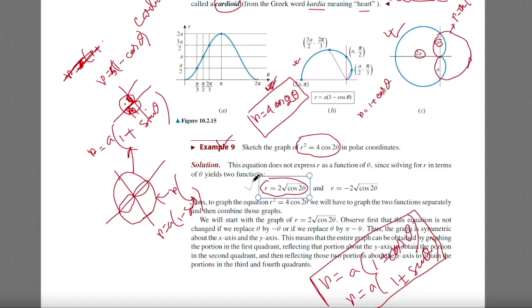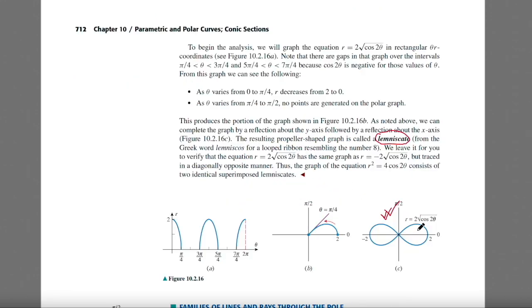So just draw this one, r equal to 2 root cos 2 theta. If you sketch this, you will get one loop, the right one. The other loop will be the negative one. Understand? This is r equal to 2 root cos 2 theta, and this will be r equal to minus 2 root cos 2 theta.